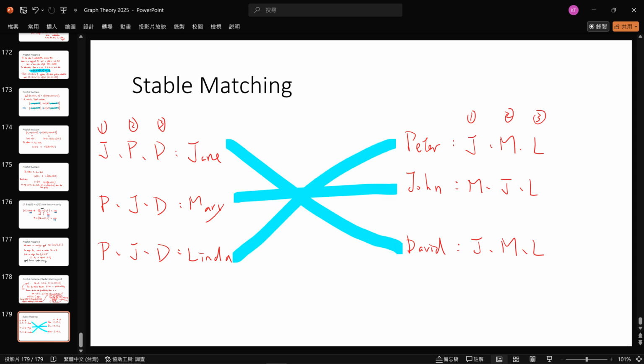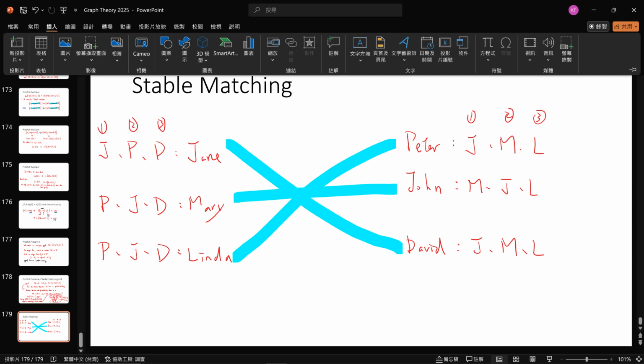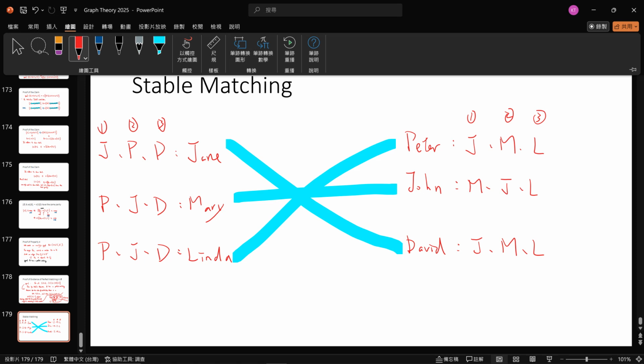In this matching, we match Jen to David, Mary to John, and Linda to Peter. And I claim that this is not a good matching. You should avoid this matching. And the reason is that this matching is not stable.